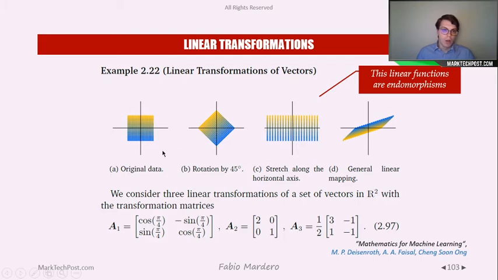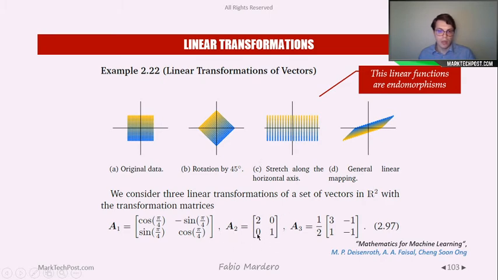So, for example, let's take a look at this original data that is a square with some dispersion. Now, if we apply a linear map that has this A1 transformation matrix, then we are applying a rotation by 45 degrees to these points, to these vectors. So as you can see, the square rotates by 45 degrees.